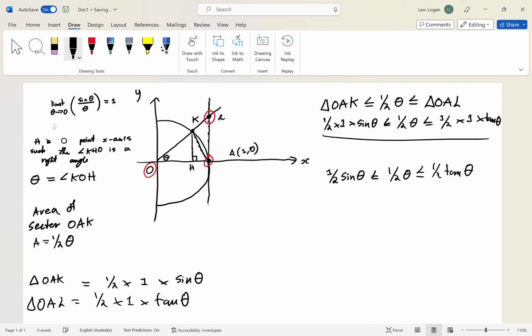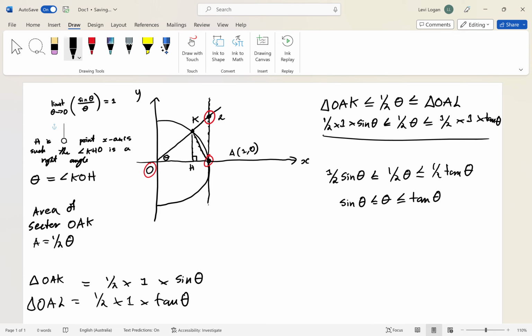Divide all of these by half and you get this inequality here. Sine theta is less than or equal to theta, which is less than or equal to tan theta. Now we're actually getting somewhere. This is starting to look a bit more trigonometry-ish, rather than areas and stuff.